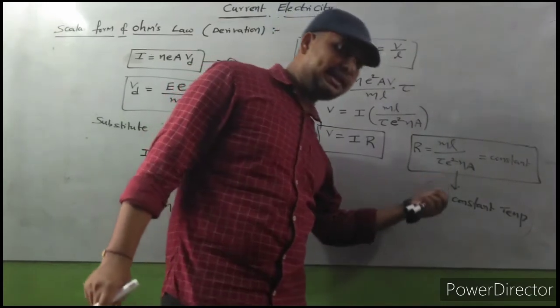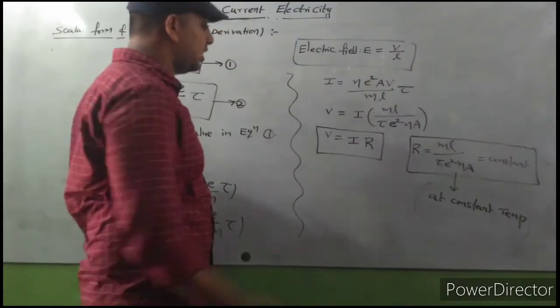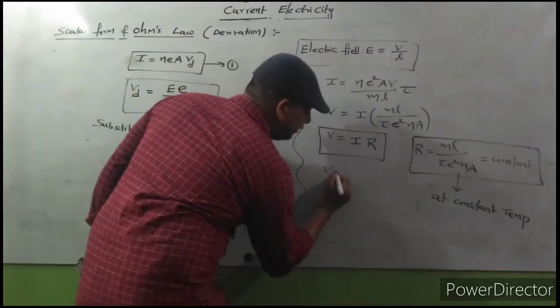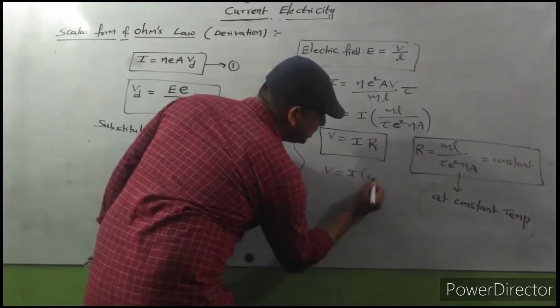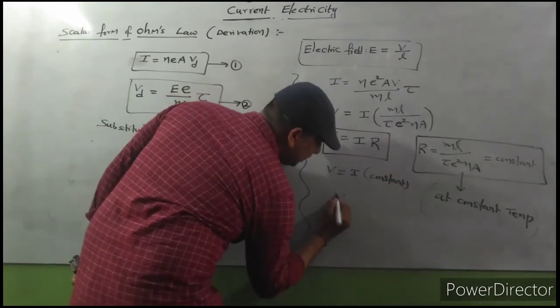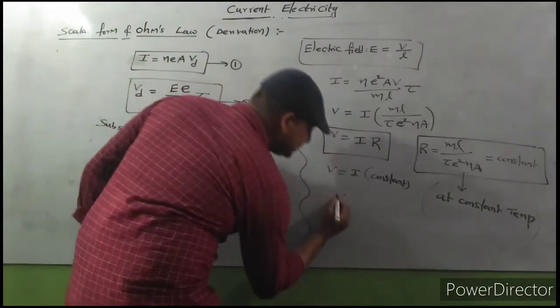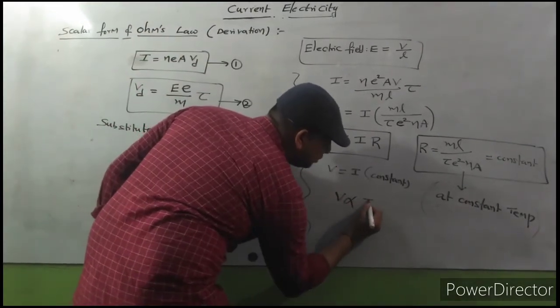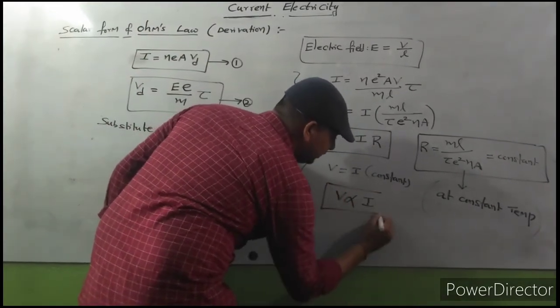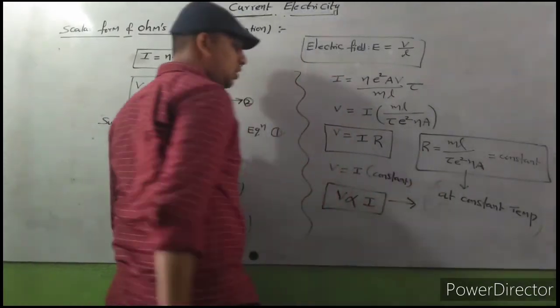So at constant temperature only, capital R is constant. If capital R is constant, then definitely V is equal to I into constant. So we derive that V is directly proportional to I at a constant temperature.